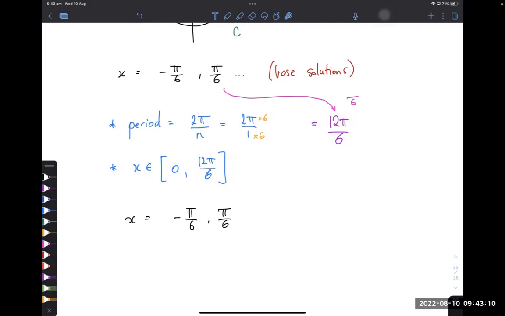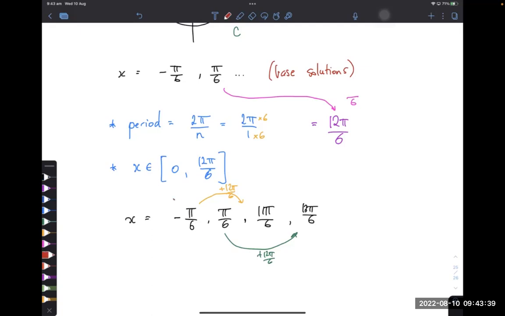Now we've got to slinky forward. To get to our next solution, we add 12 pi on 6. So that's 11 pi on 6. Do we add one more forward? I'll do it anyway. So plus 12 pi on 6 gives us 13 pi on 6.